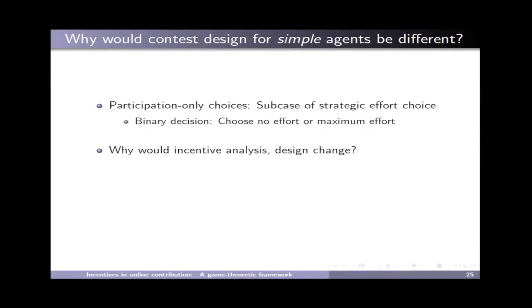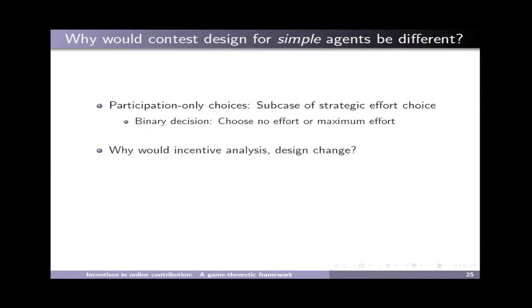Now, to keep things at a high level, I want to address this question: why would the contest design problem, which has been studied so extensively for effort choices, where you choose your effort in an interval and your cost depends on the effort you choose, be different when you have simple agents?